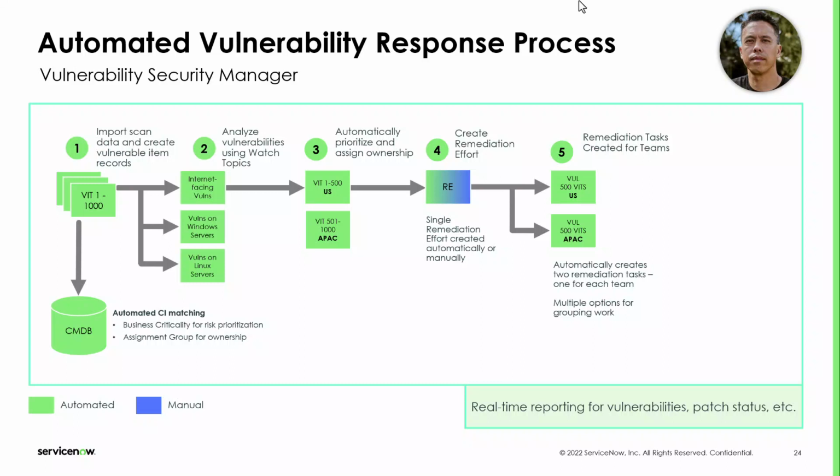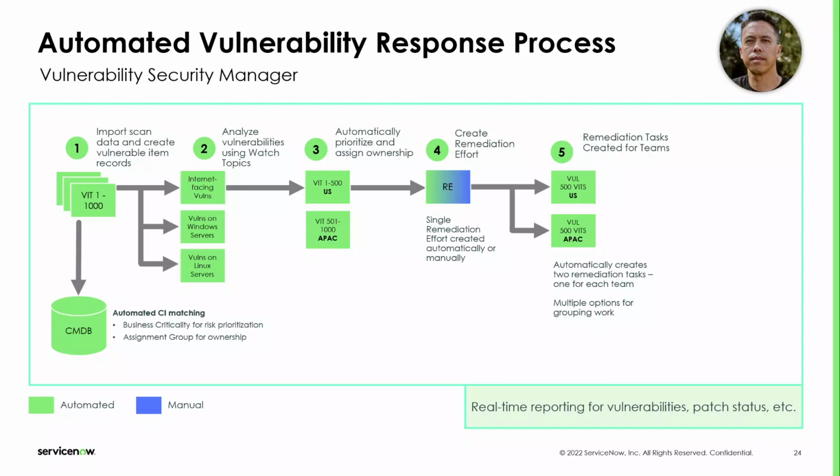So just to stop here, that remediation effort can be created automatically through rules which we've predefined. But if it's a new vulnerability that we've never seen before, we can manually create remediation efforts.